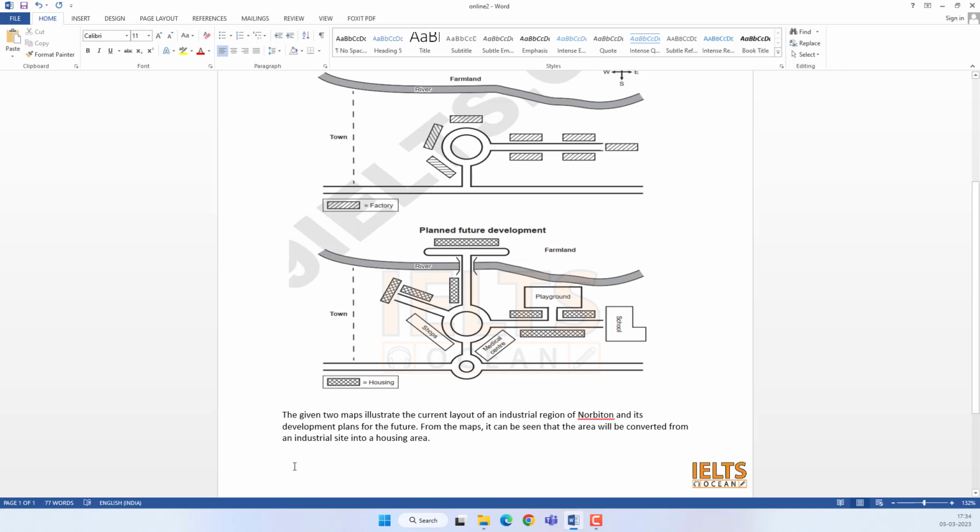We will write two separate body paragraphs, one for each map. In the first body paragraph, I'm going to talk about the first map, and then I will move on to the planned future development map of the question.